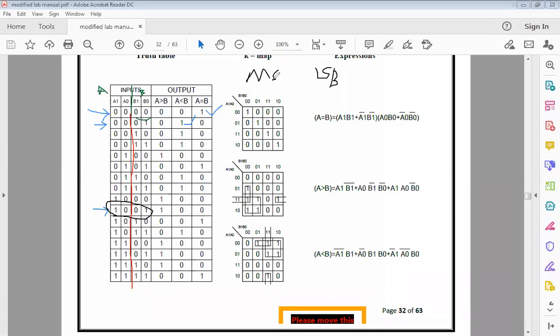I am having a high value at MSB, which means this has more value. So I will take A as greater than B. Similarly, you can take this case also. Here you can see that it has 2 1s, so obviously A will be less than B.